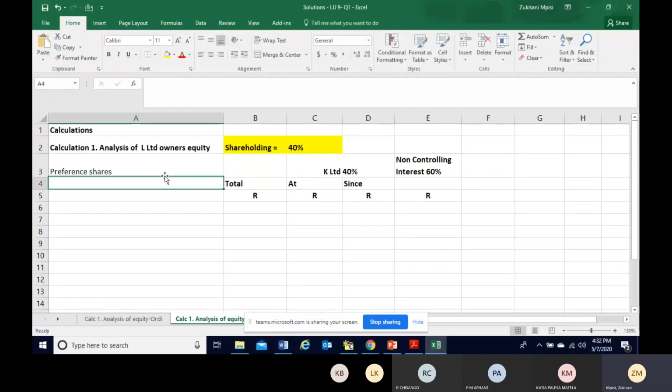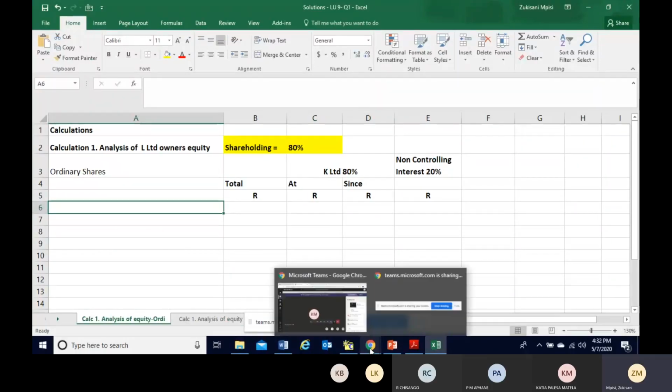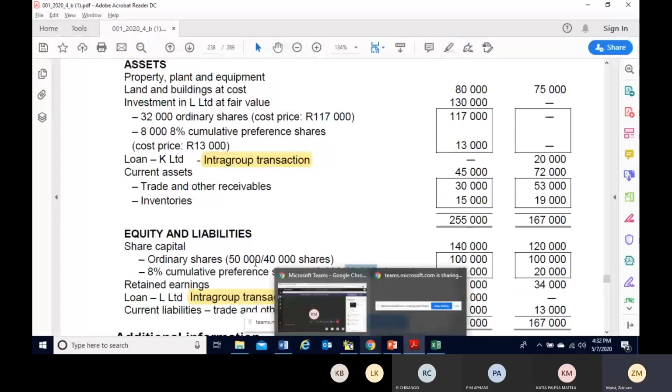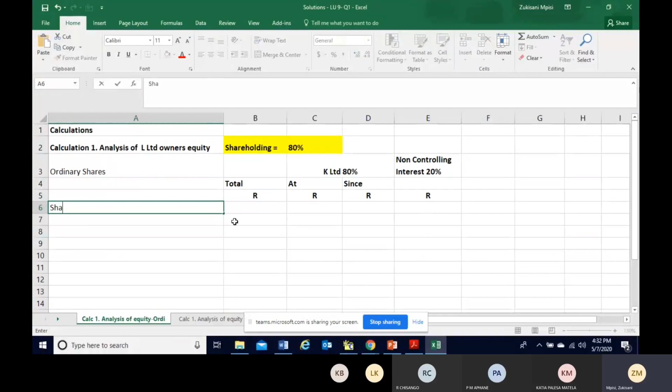So let us first work with ordinary shares. In terms of ordinary shares, at acquisition, we had 100,000 shares. So we have share capital. We might need to change the wording a bit and call it ordinary share capital, so that the marker can pick up where you are talking about ordinary shares and where you are not.